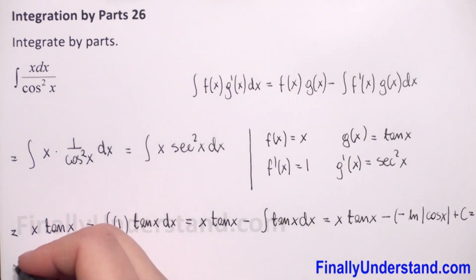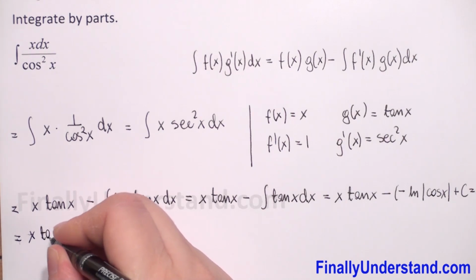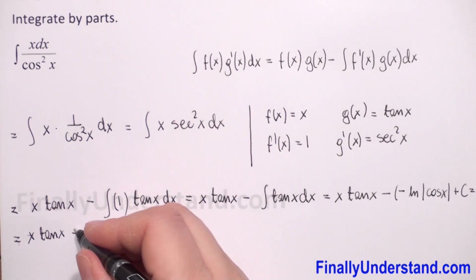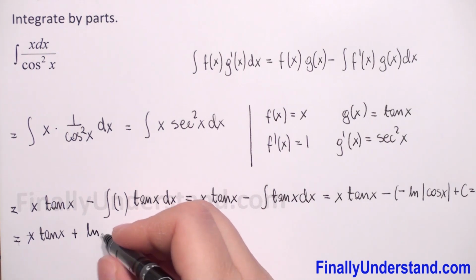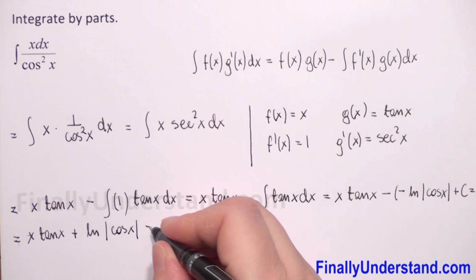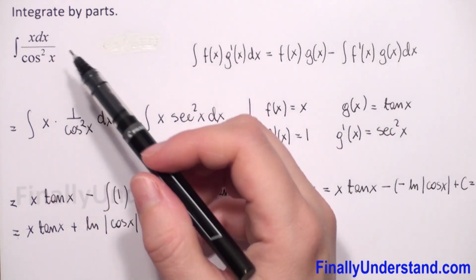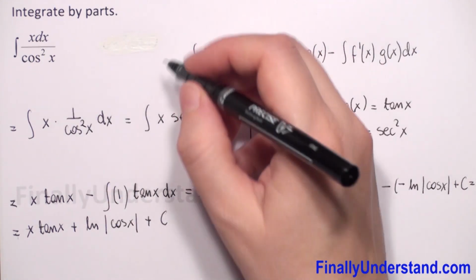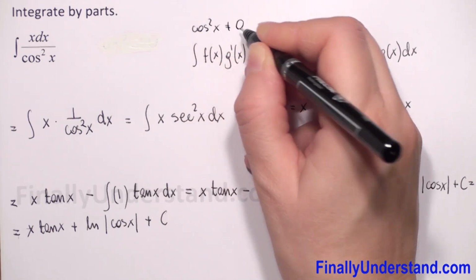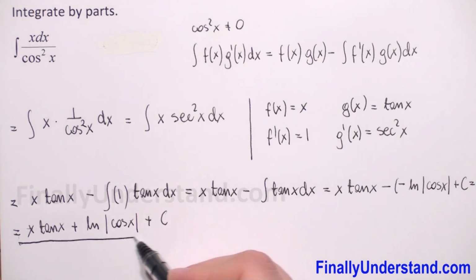So this is equal to x tangent of x, negative and negative give us positive, natural logarithm of absolute value of cosine of x, plus constant c. I forgot to add that our denominator cannot be equal to 0, so cosine square of x must be different than 0. So this is my solution.